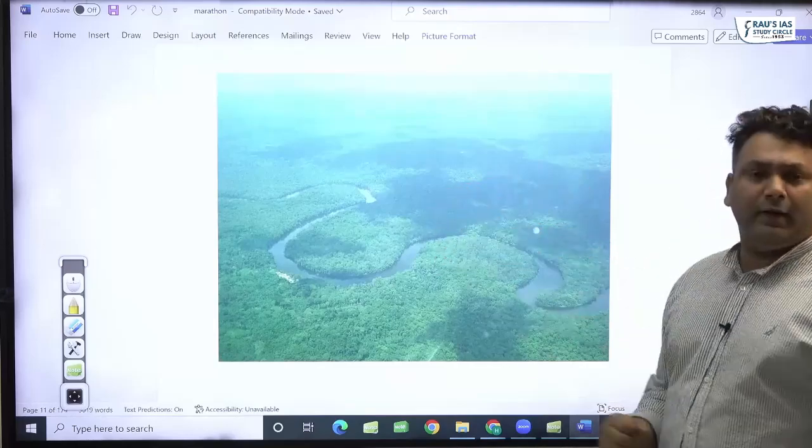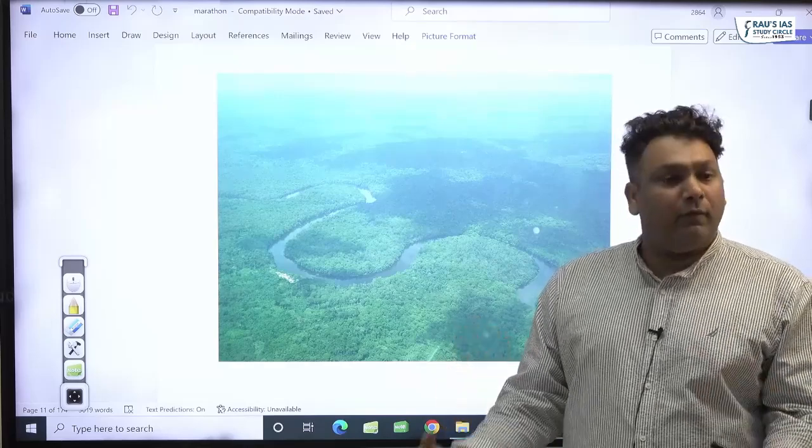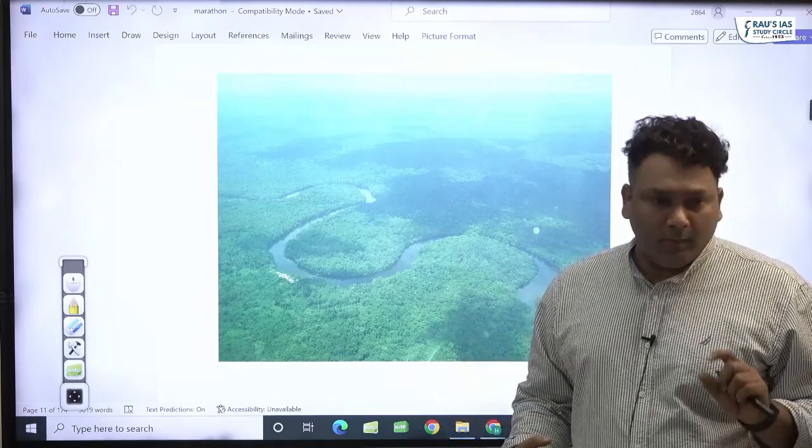The Congo Basin has numerous forests. So when the forest leaves fall on the ground, the carbon will accumulate in the ground.